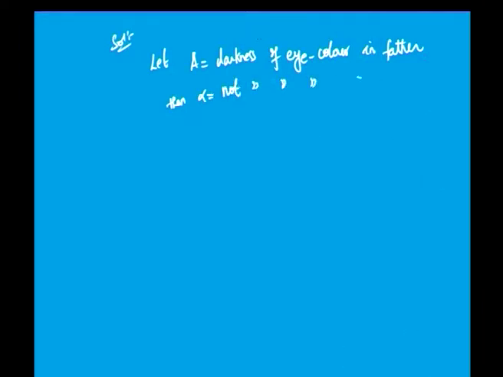Therefore, according to the complementary event, you have to define alpha and beta. Let A is equal to darkness of eye color in father. Then you will have alpha is equal to not darkness of eye color in father.